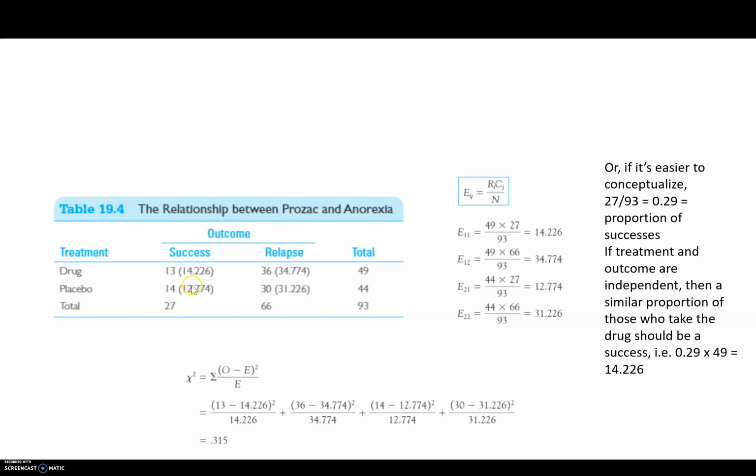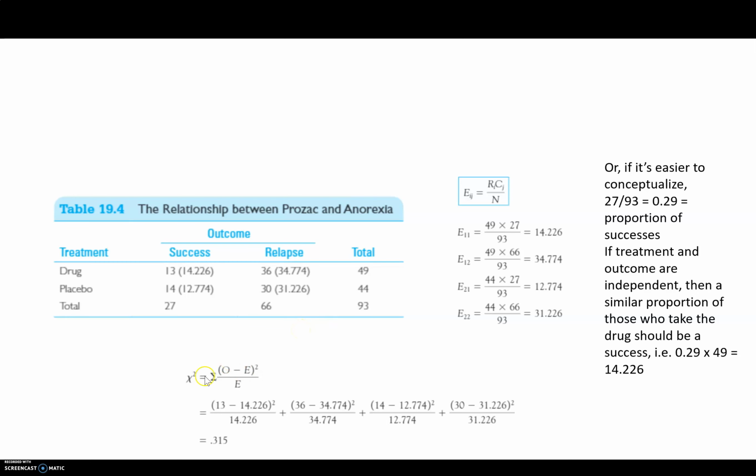And you can see there's not a whole lot of difference, and you can also start to see this drug probably didn't help much because you actually had smaller than expected successes here and bigger than expected successes in the placebo. And same, you had more than expected relapses for the drug and smaller than expected for the placebo.